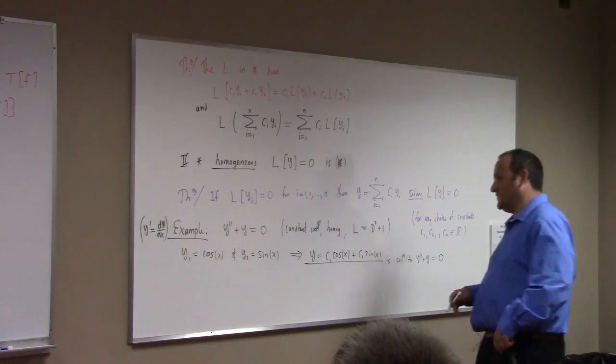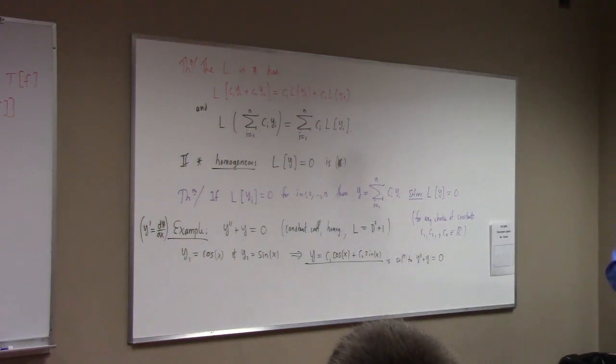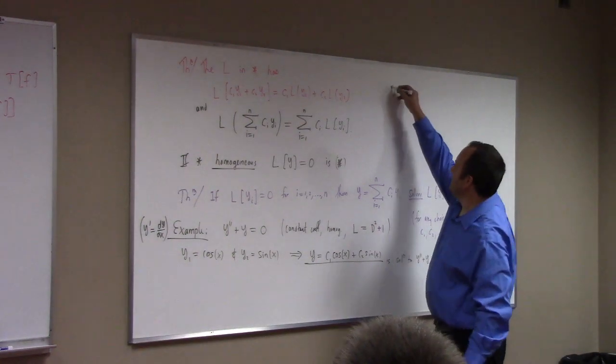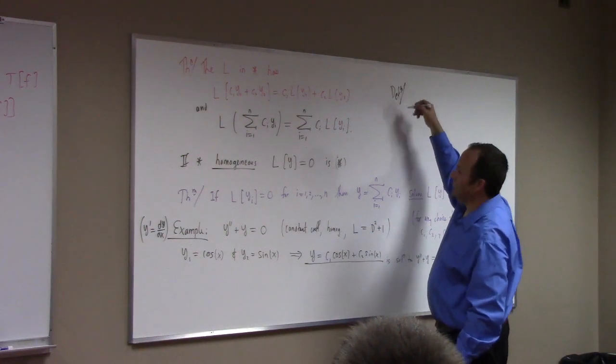What do we mean by a solution to y prime prime plus y equals 0? What does that mean to say something's a solution to a differential equation? It means that if we take that quote-unquote solution and plug it into the differential equation, the equation holds true, right? I could be more formal about it.